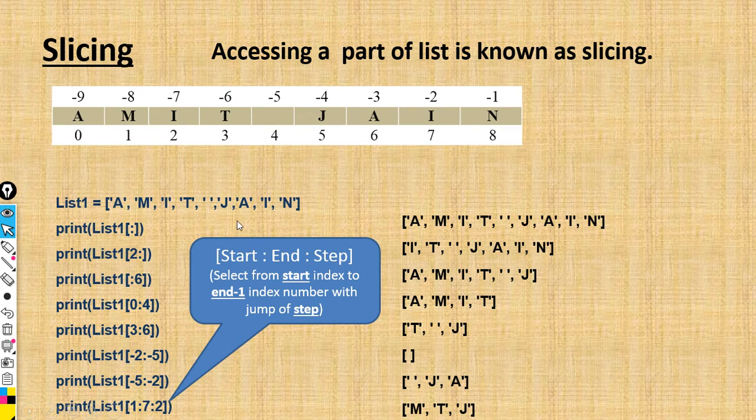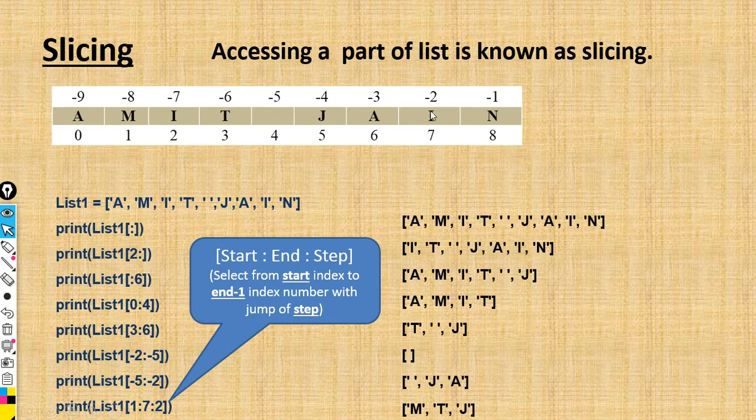We can also use the backward indexing to slice the list. Here the list1, the index is started from -5. -5 is the location where the space is stored, and the end index is -2.